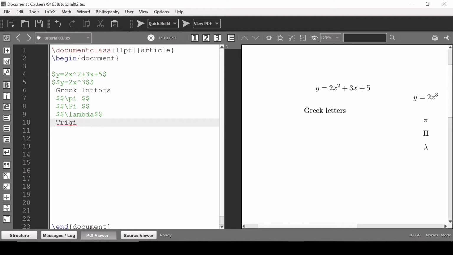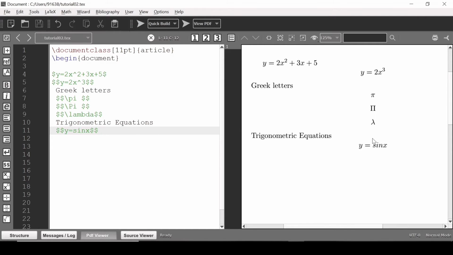So let's write trigonometric equations. In a double dollar sign, let's write y equals sine x. You will see there is no gap between sine and x.